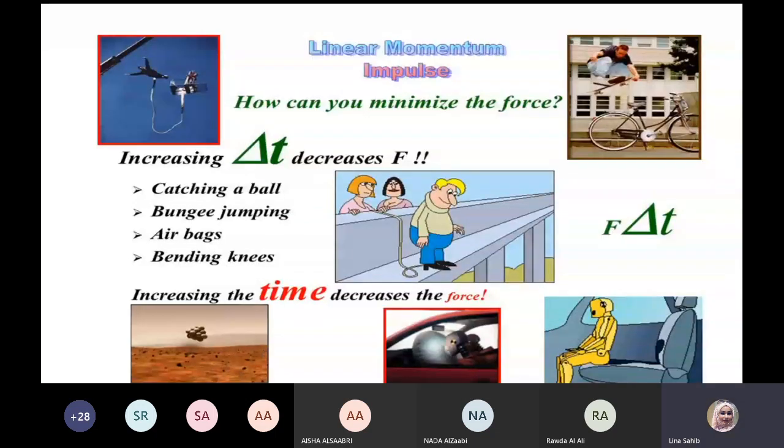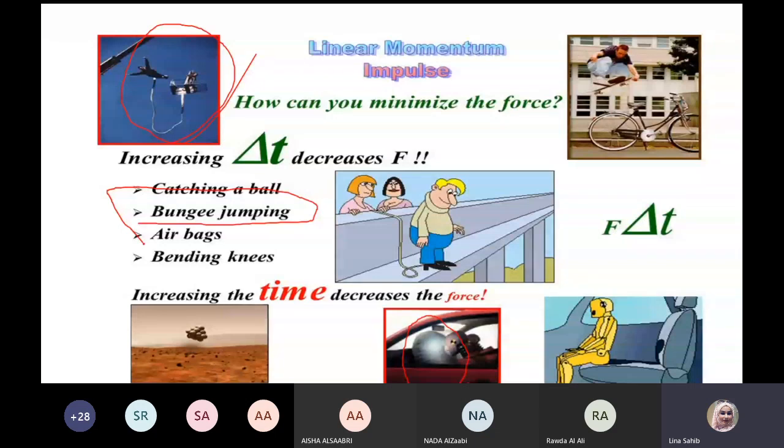So if you go back to the airbag, what did it do? It increased the time. It gives your head time to hit the steering wheel. That means we reduce the force. And in another real example here, bungee jumping.